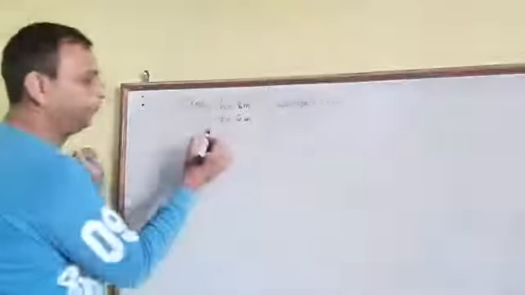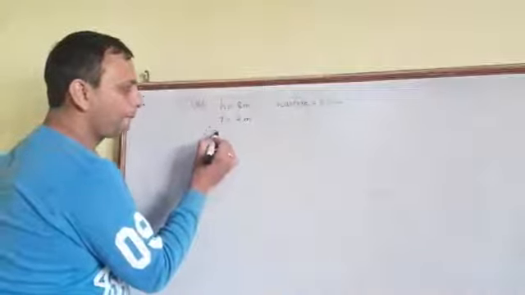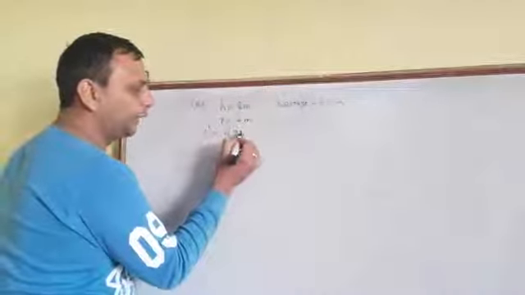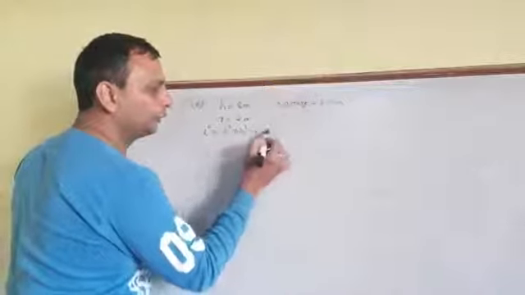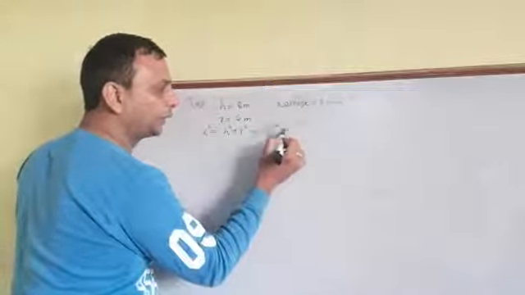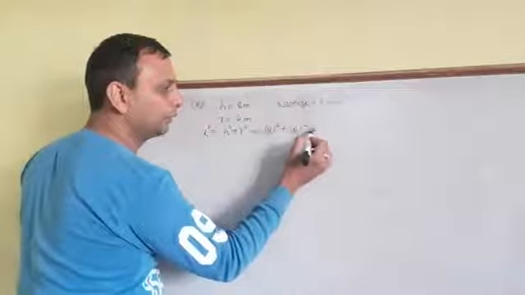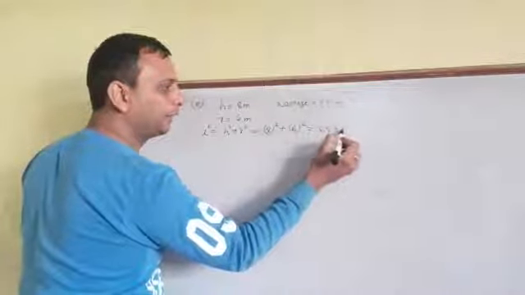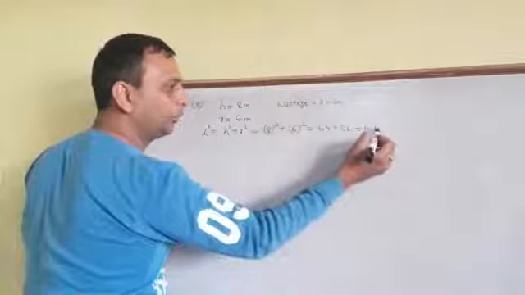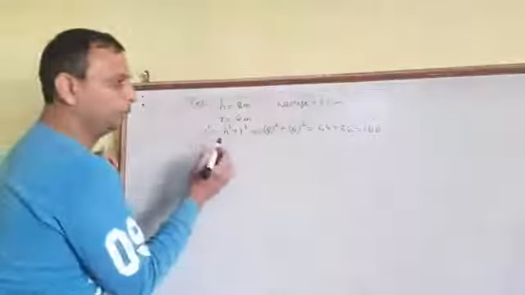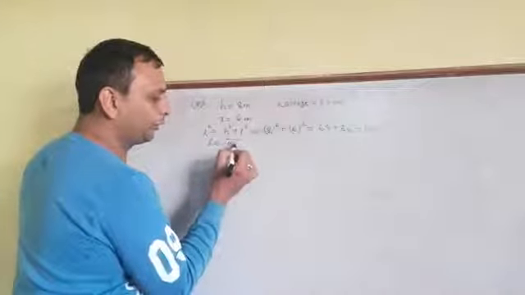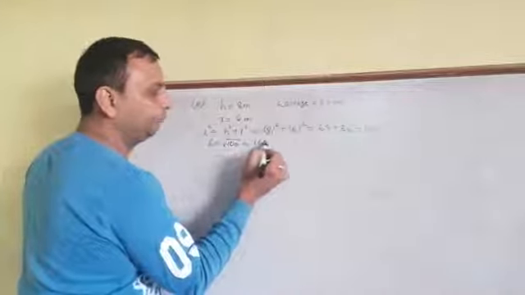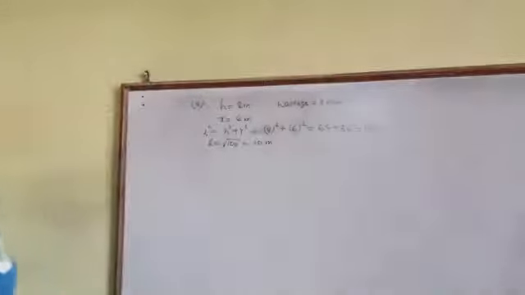Slant height L is the square root of h square plus r square, which equals 8 square plus 6 square, 64 plus 36 equals 100. So L square is 100, L is the square root of 100, that is 10 meter. So I got the slant height, 10 meter.